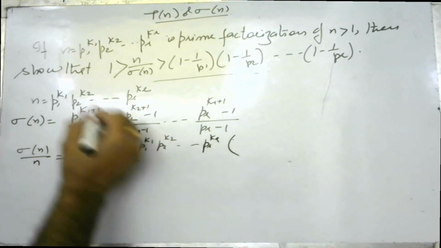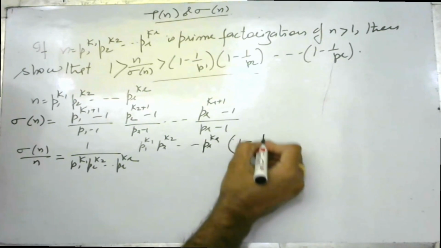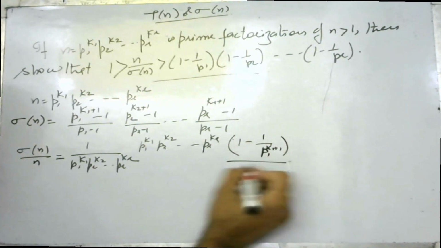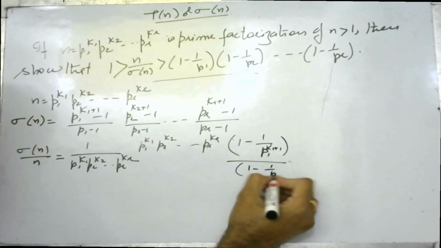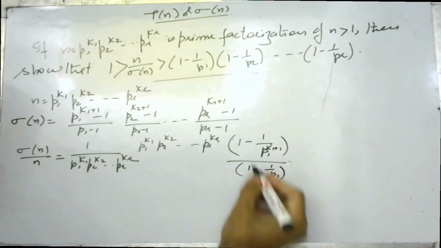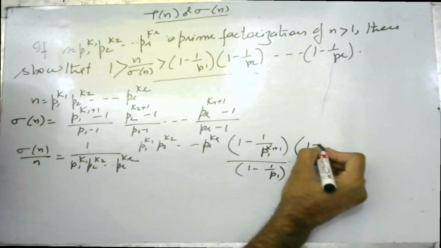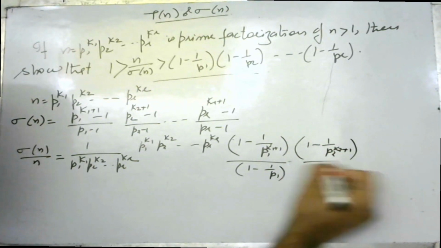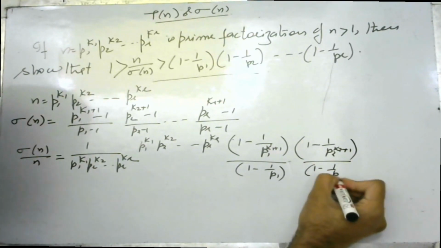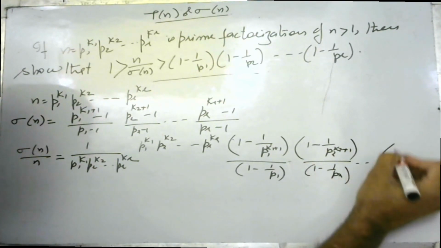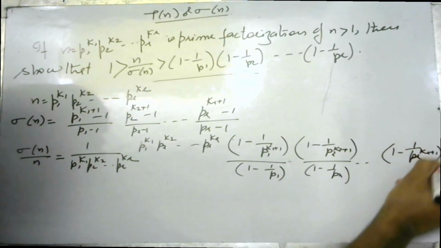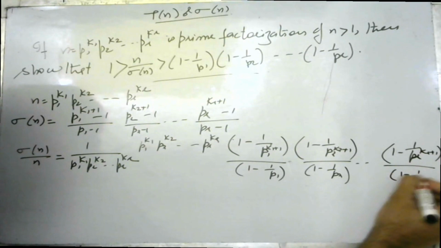In the bracket here we are left with 1 minus 1 upon p1 power k1 plus 1, and in the denominator 1 minus 1 by p1. Similarly in the second term, 1 minus 1 upon p2 power k2 plus 1 divided by 1 minus 1 by p2, and in the last term we have pr power kr plus 1 divided by 1 minus 1 by pr.